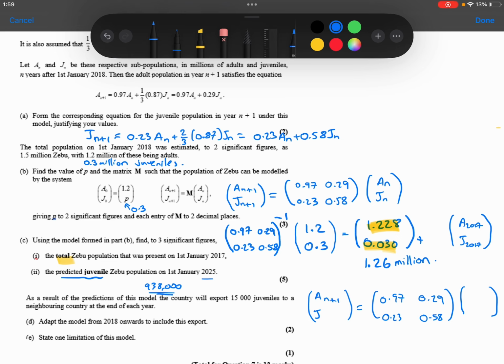The model is a n plus 1, j n plus 1 is equal to the matrix there times a n, j n. And we need to adapt this model for the fact that we are exporting 15,000 juveniles every year. So we're taking 15,000 juveniles away each year.